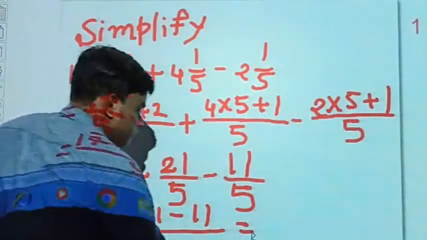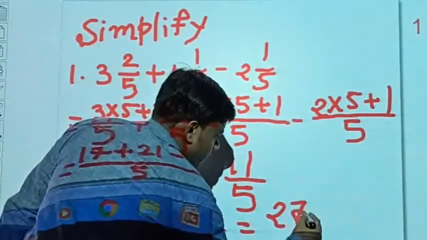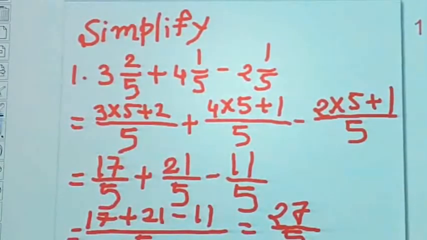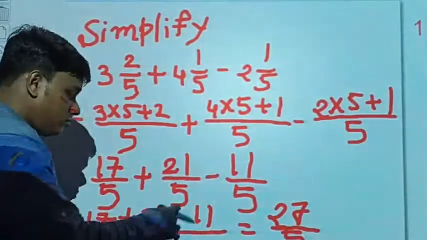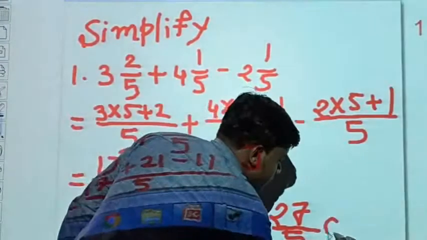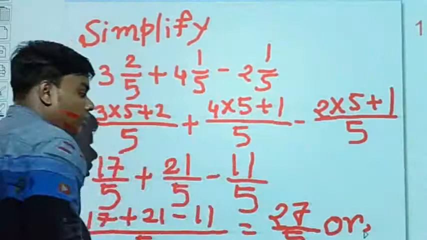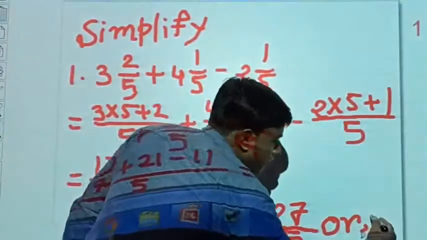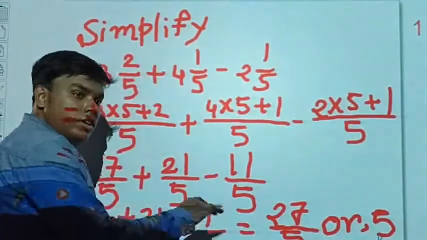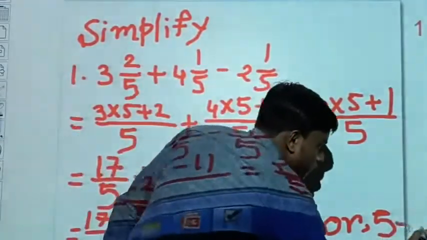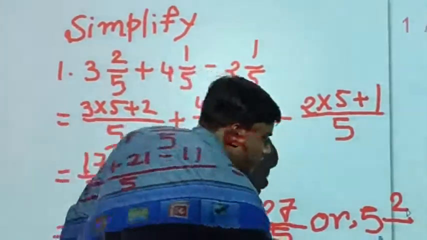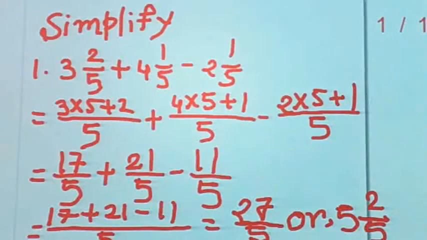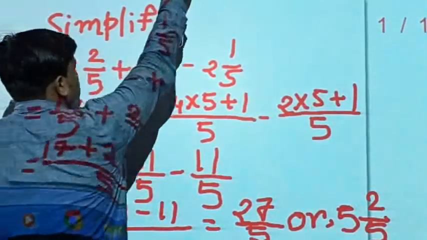So 27 by 5. You can convert it into a mixed fraction. 27 by 5, that means 5 fives are 25, remainder is 2, and the divisor is 5. So 5 2/5. Okay, move on to the next question.